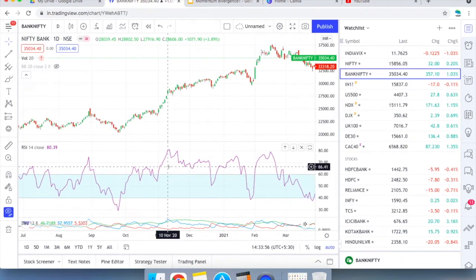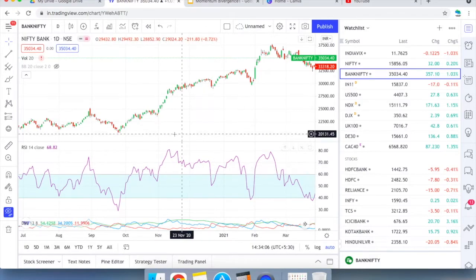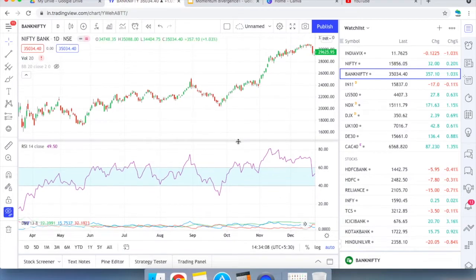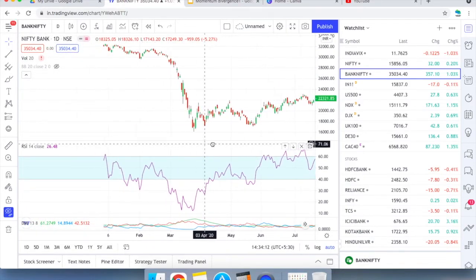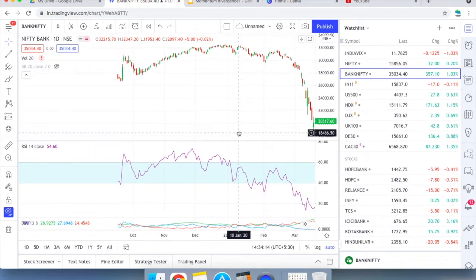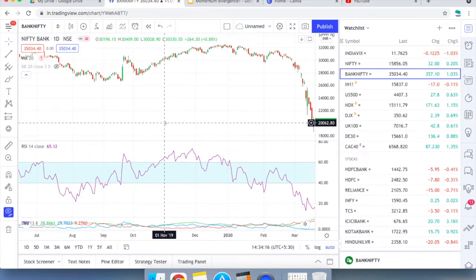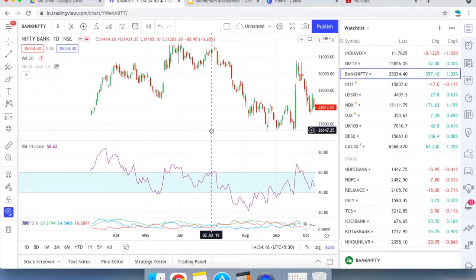Here I see that there is a divergence, but it is a failed divergence. The price is moving up and the RSI is coming down, but it did not fall much. So I don't find anything here, and let's look for some occurrences.